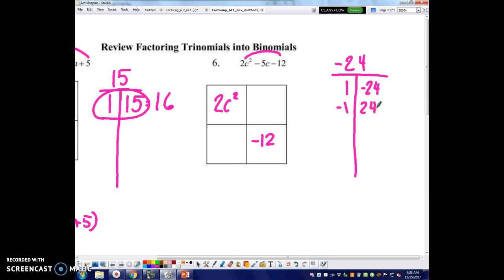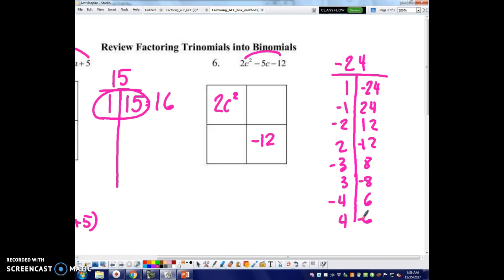So we had to list those factors twice. What's another factor of 24? 2 and 12. Remember, list it twice. Negative, negative. What's another factor? 3 and 8. Negative, negative. 4 and 6. Negative, negative. Is that it?